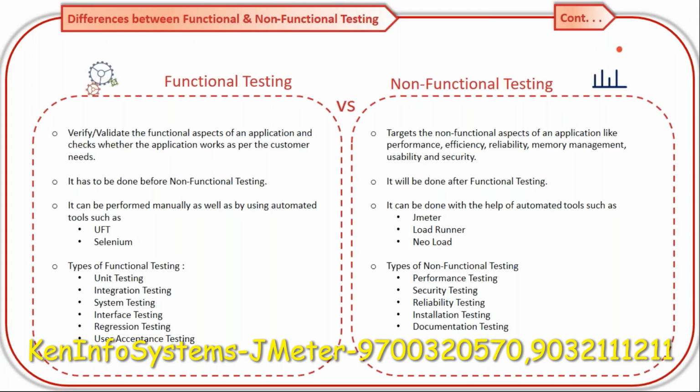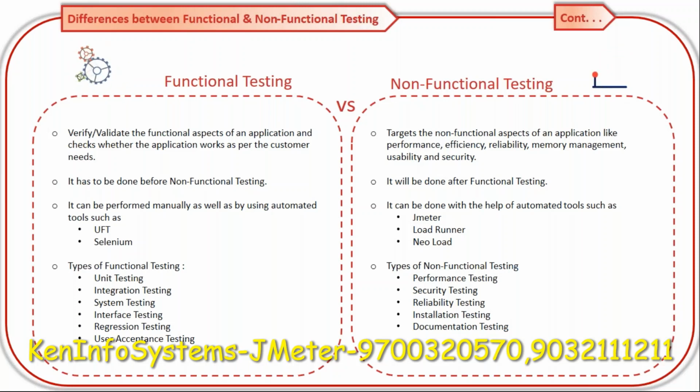Functional testing is a software testing methodology where we validate the functional aspects of the application and check whether the application works as per the customer needs, and whether it fulfills all the specifications mentioned in the functional requirements.